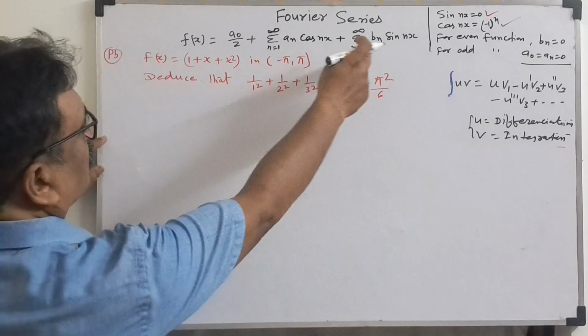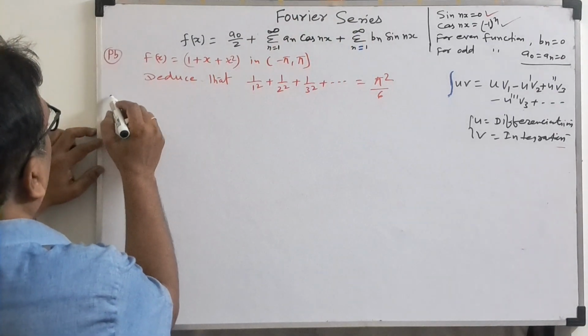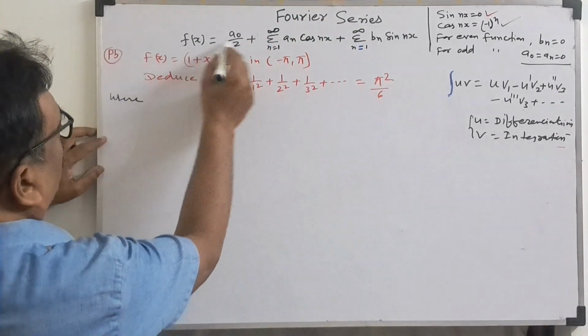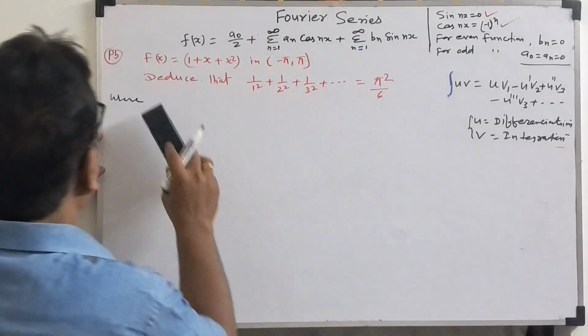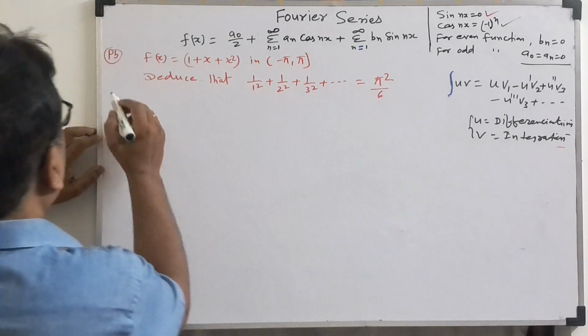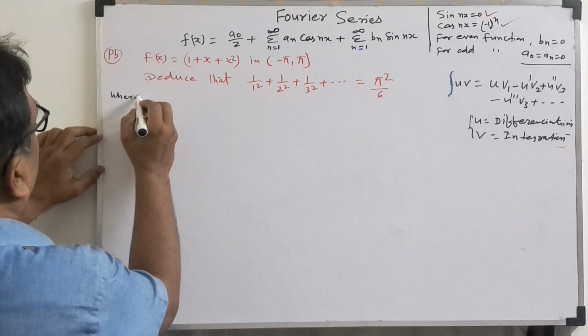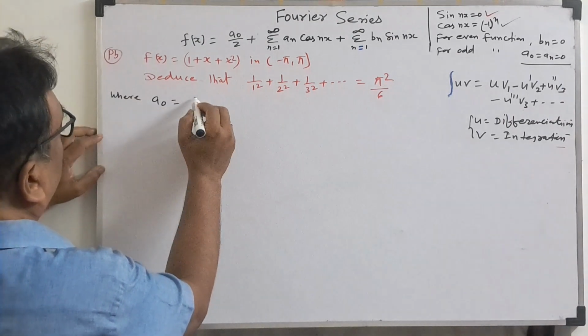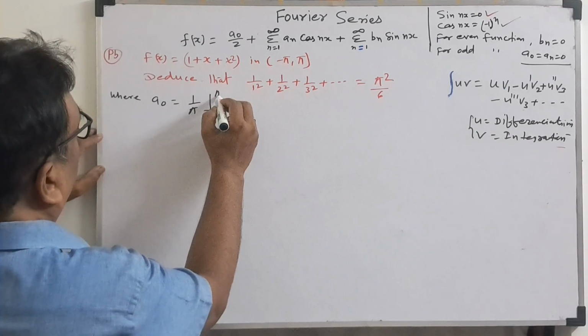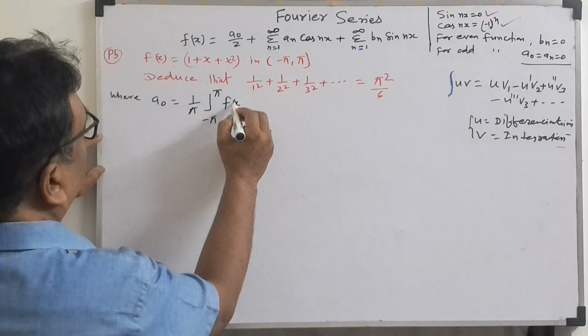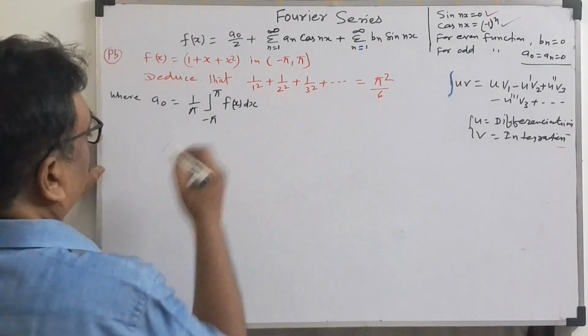So this is the function of the Fourier series, where a0 equals 1/pi times the integral from minus pi to pi of f(x) dx.